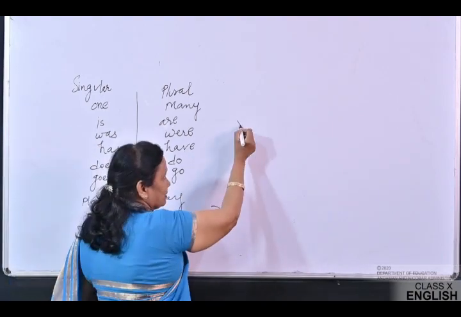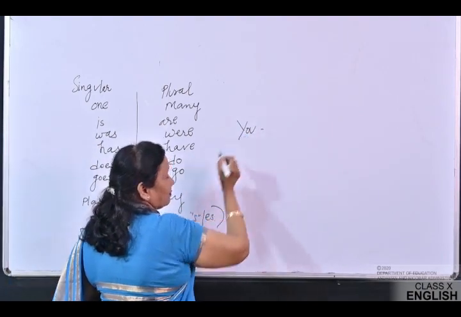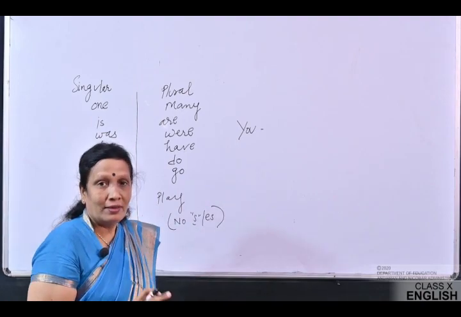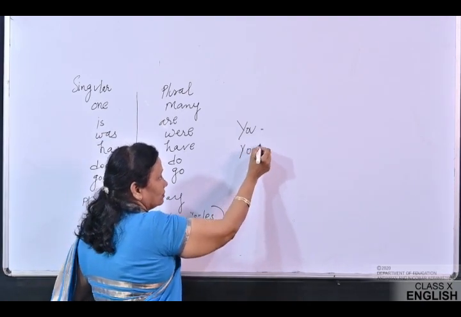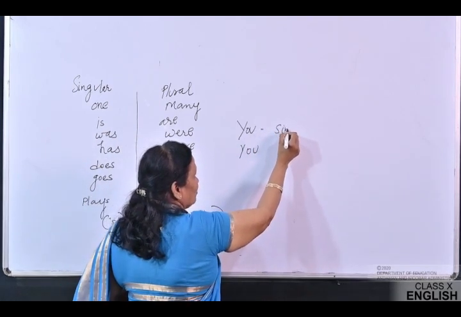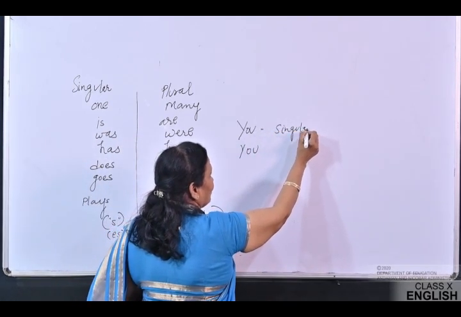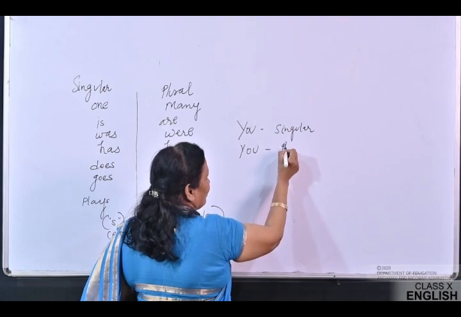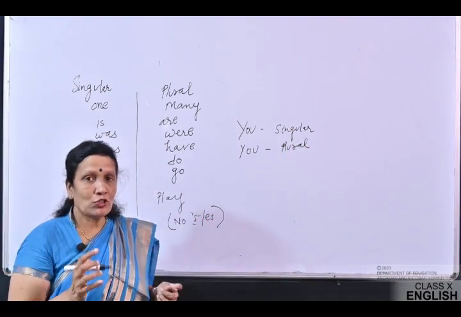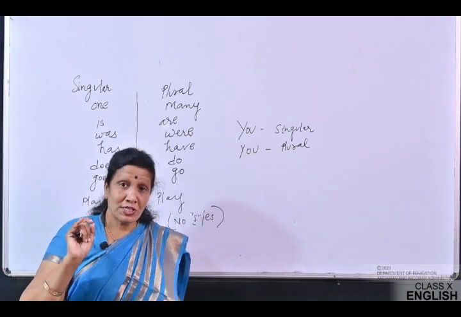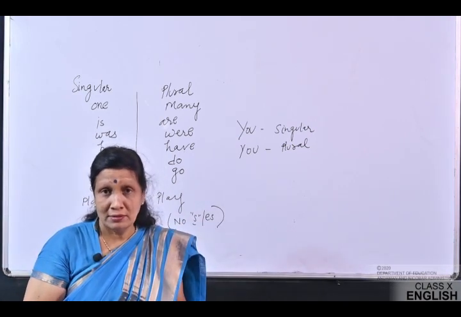Okay, now look at this. English has got you for singular also and also for plural, right? When we talk of one person, we say, did you have your breakfast?